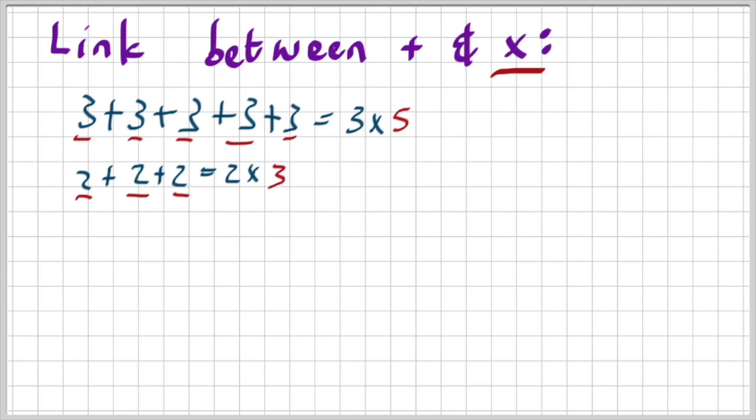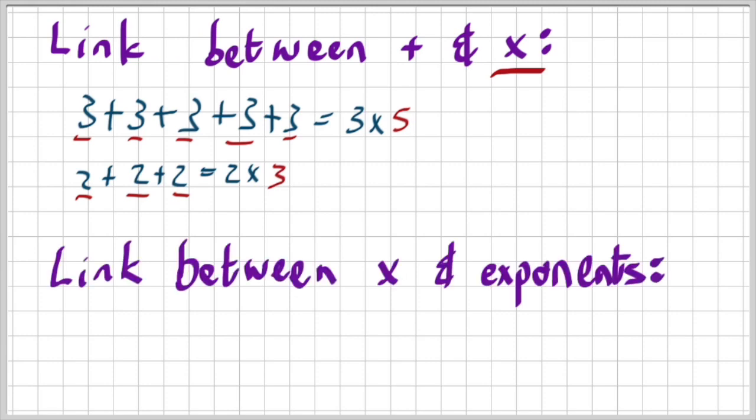This is interesting because this is actually leading us towards exponents, because there's also now going to be a link between multiplication and exponents. So when I look at this, what if I give you 3 times 3 times 3 times 3 times 3? It almost looks the same as previously, right? But instead of having additions between the threes, I write multiplications. So now it's a product sum.